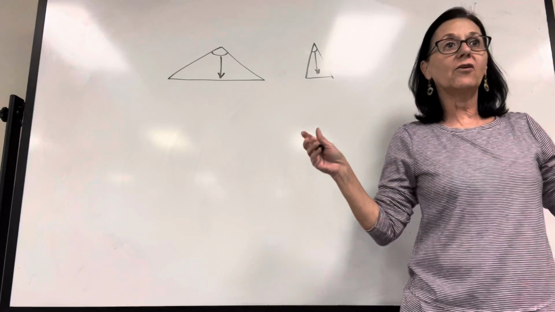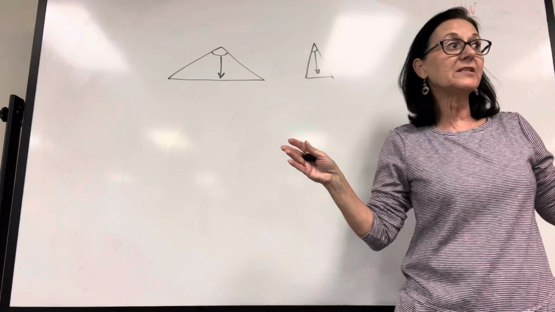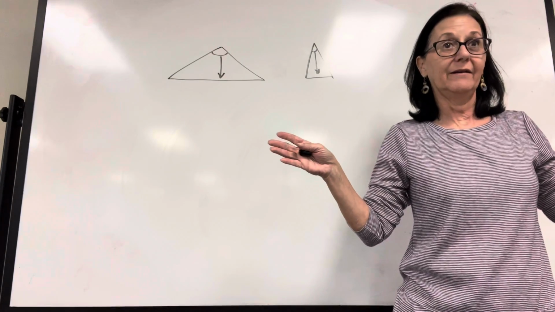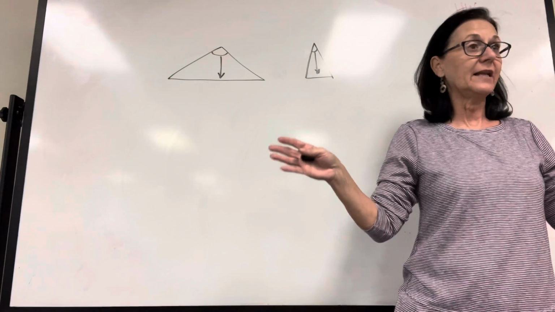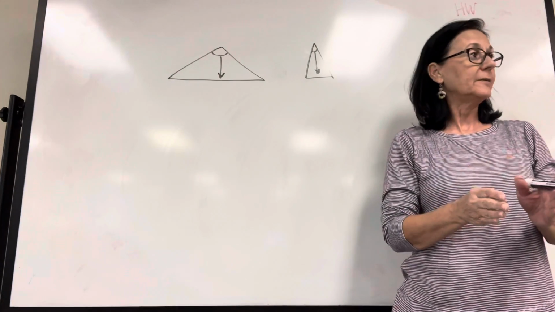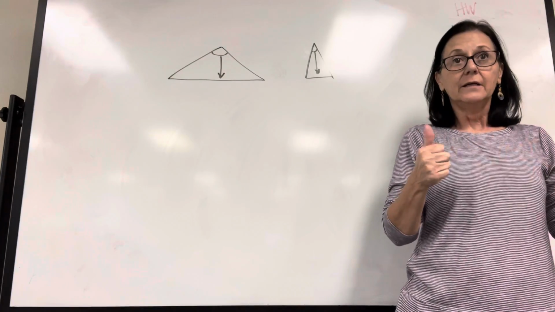So a bigger angle means a longer side. It makes the side opposite it bigger. So big equals big, right? If the angle is big, the side opposite it is also long. If the angle is small, the side opposite is going to be shorter. Got it?